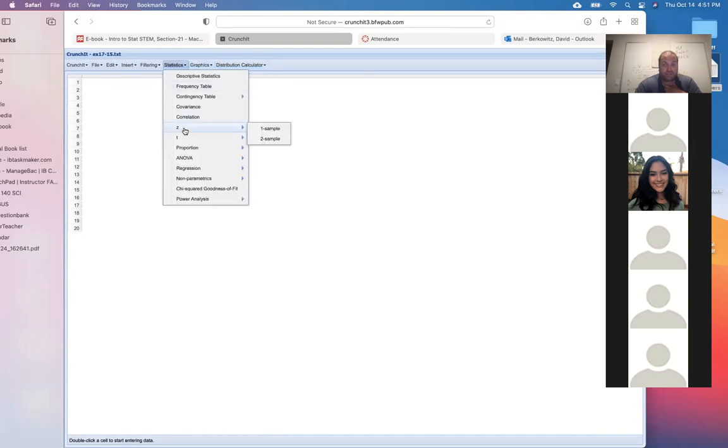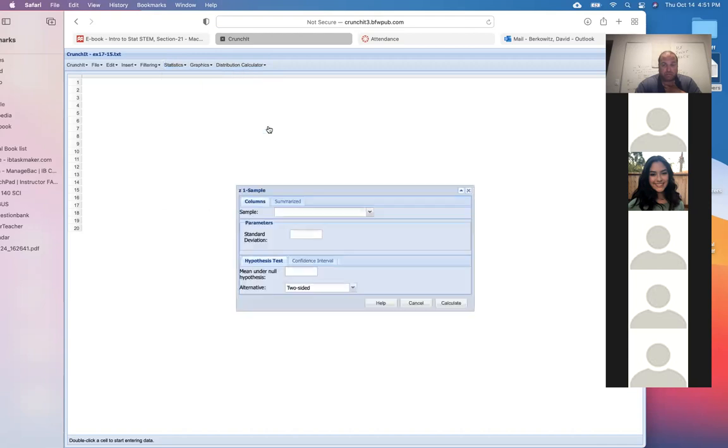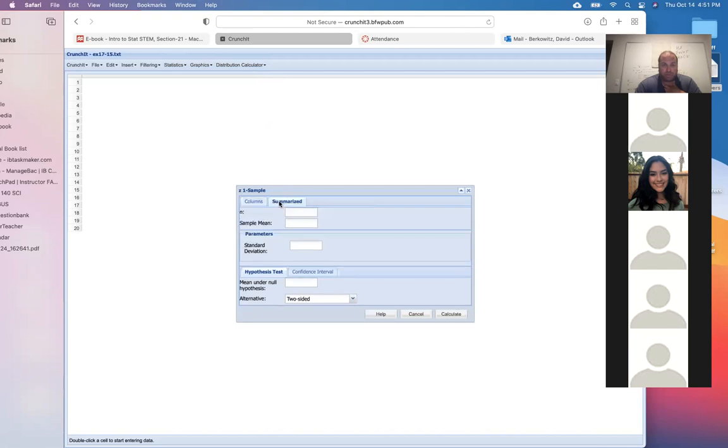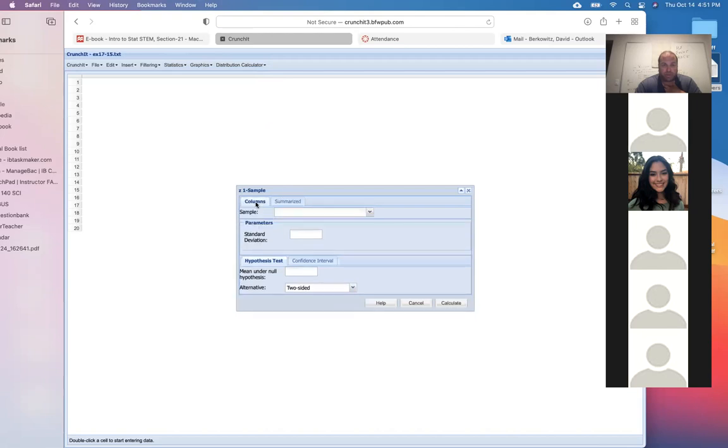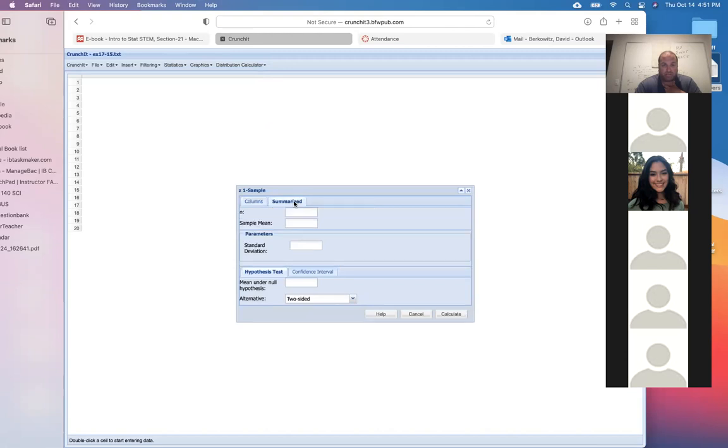Stats Z. If I go to stats Z, is it 1 sample or 2 samples? Okay. So here I am. What do I put in? Do I have data or am I going to summarize my data? Which will it be for this example? Do I have data or will I summarize my data?